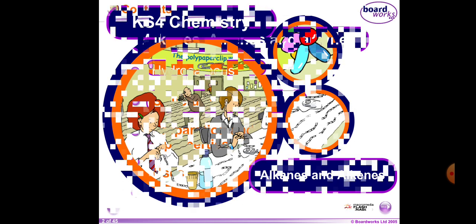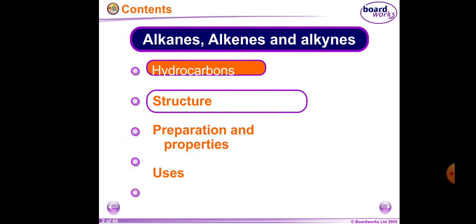In this topic, we are going to study several substances which have several names. We are going to study alkanes, alkenes, and alkynes. So simply, these are just hydrocarbons. In short, we are going to study hydrocarbons, and in these hydrocarbons, we are going to study their structure.